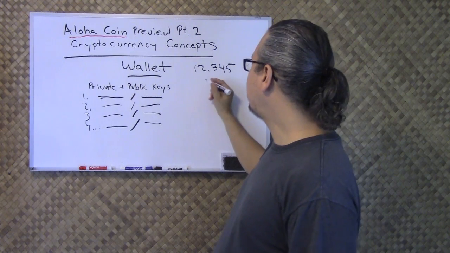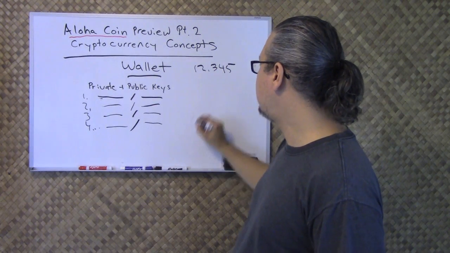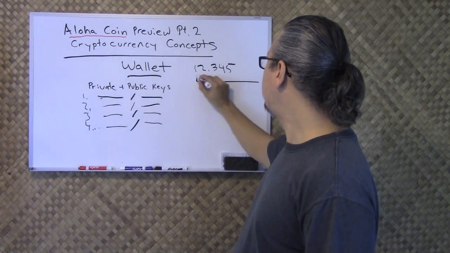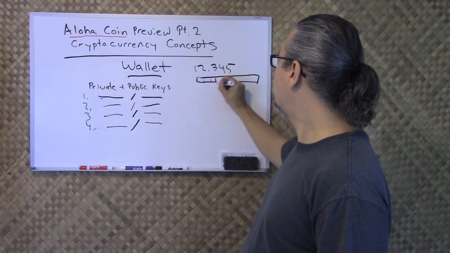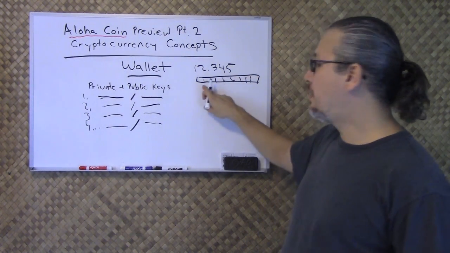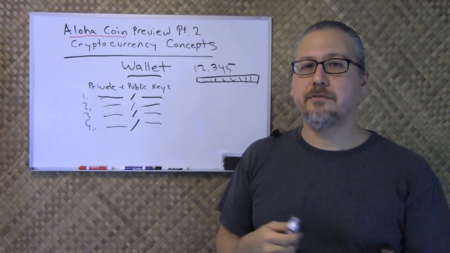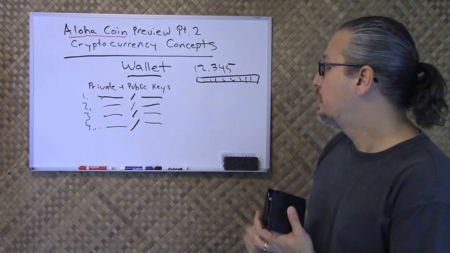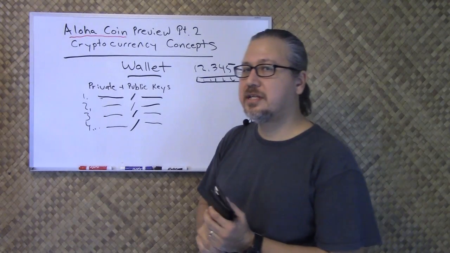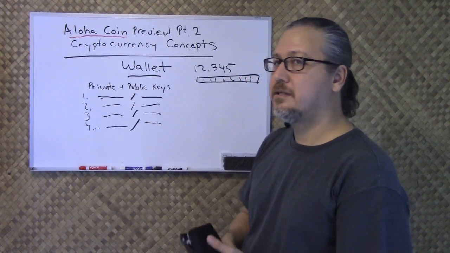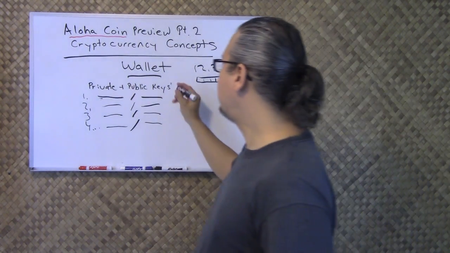When I talk about the blockchain, everybody has a copy of the blockchain. Your money is in there, or the conception of your money. So this is not a wallet. This actually contains keys. So it actually is a keychain.